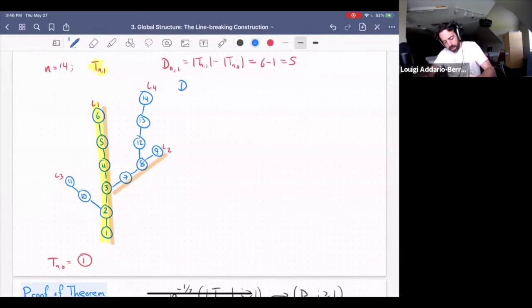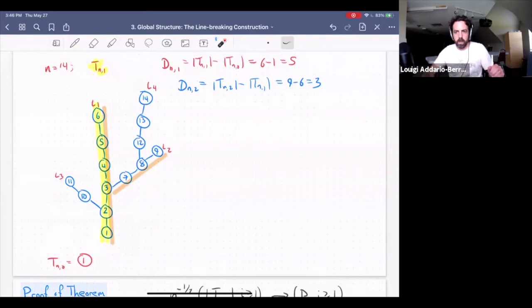And so dn2 is Tn2 minus Tn1, which is 9 minus 6, which is 3, and that's indeed the number of edges on this path. So on. Does that clear it up?